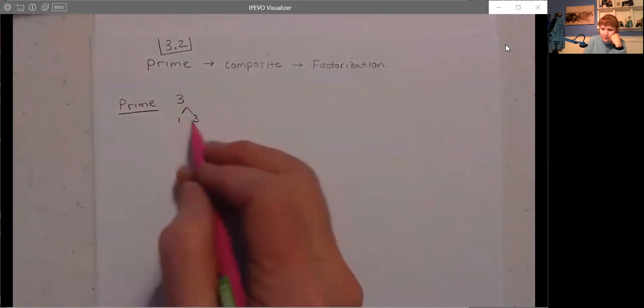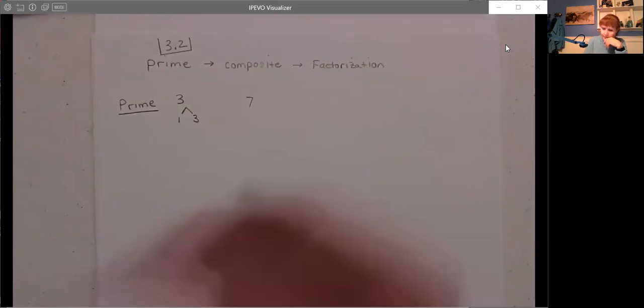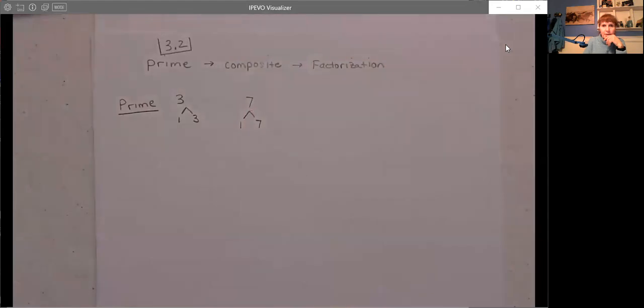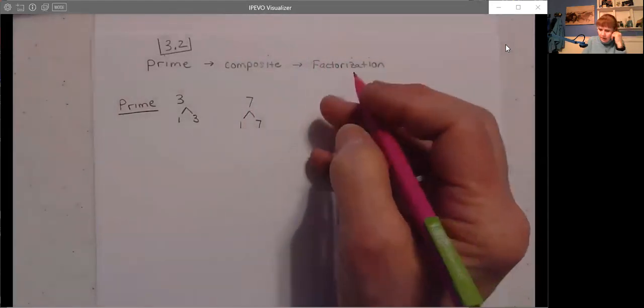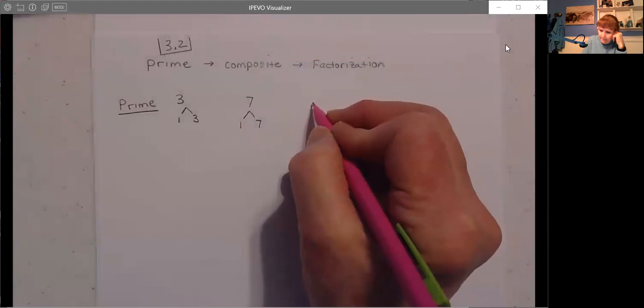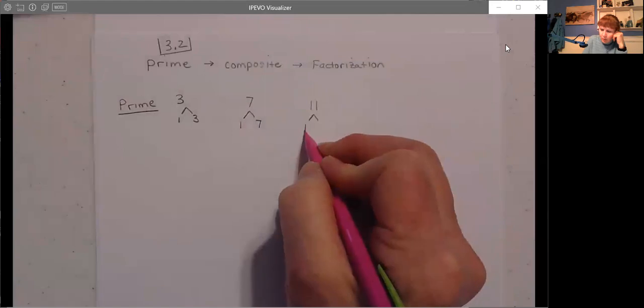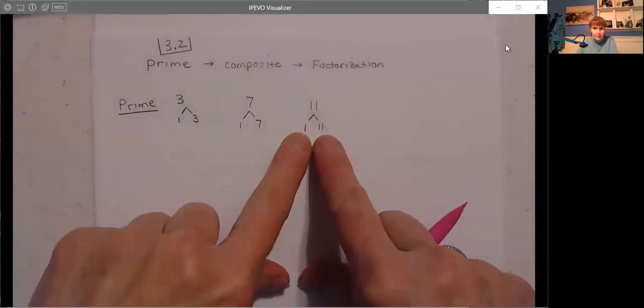Maybe you've done these before. 7 is a prime number because only 1 times 7 will give you 7. We could keep going on and on. 11 is a prime number because only 1 times 11 gives you 11. You can't really break it down using other numbers other than 1 and itself.